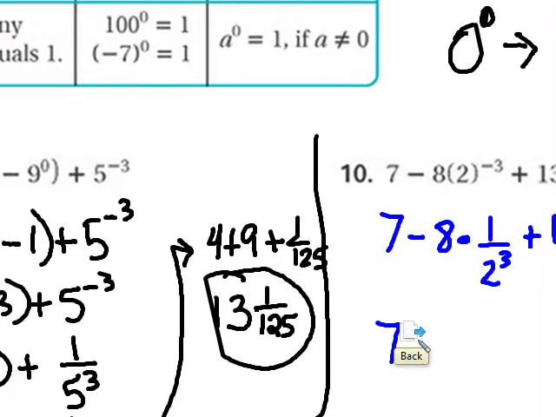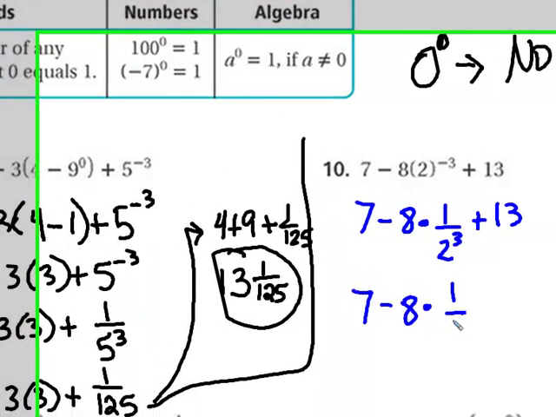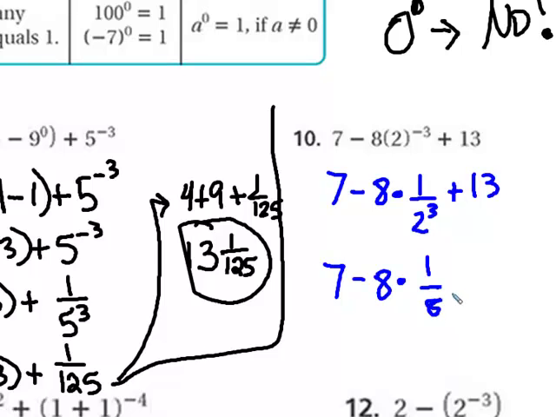So 7 minus 8 times 1 over 2 to the third power, which is 8, plus 13. So now I have my multiplication.